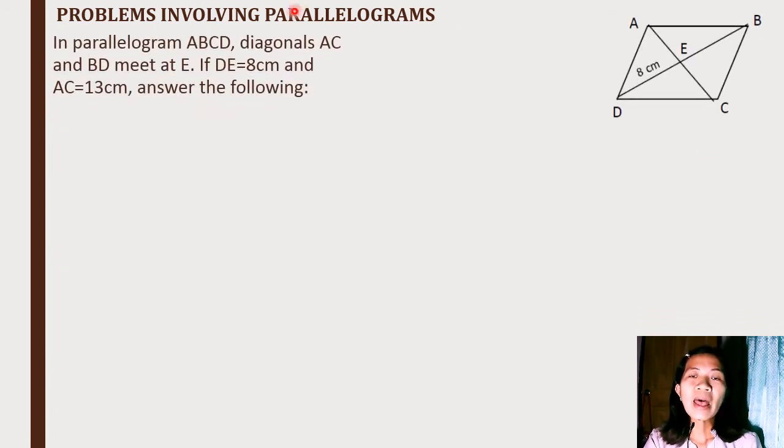So let's have another problem in parallelogram. In a parallelogram ABCD, diagonal AC and diagonal BD meet at E. If segment DE is 8 cm and segment AC is 13 cm, we are going to find the following.